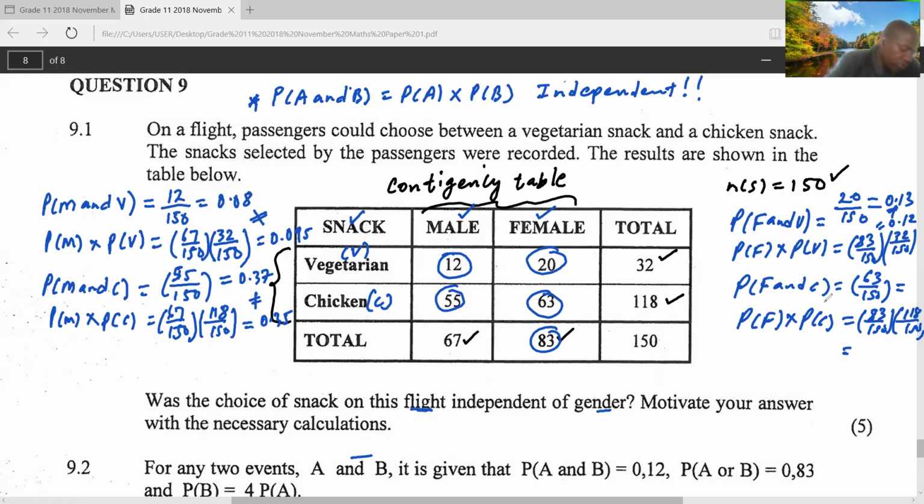63 over 150 gives us 0.42. And 83 over 150 multiplied by 118 over 150 gives us a value of 0.44.